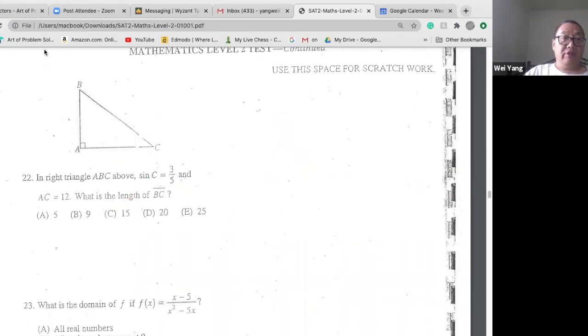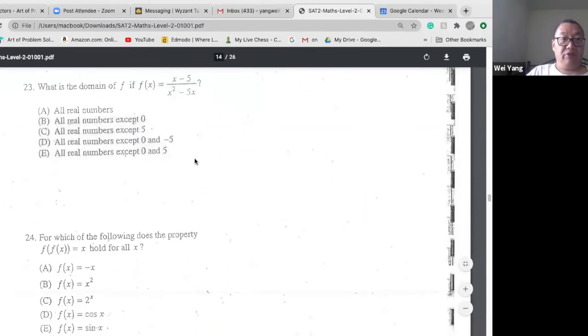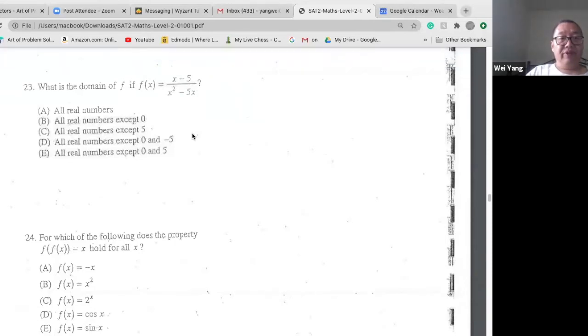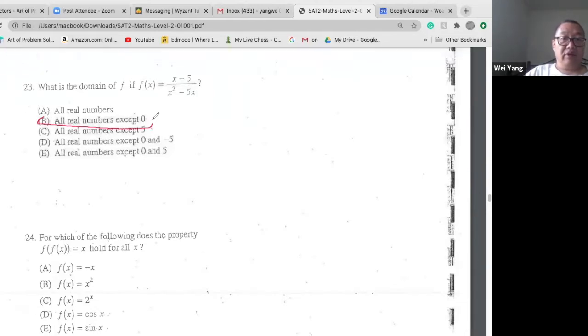Okay, good. Now let's go to 23. What's your answer for 23? This one asks you, what's the domain of this? B. Okay, your answer is all the real numbers except 0.